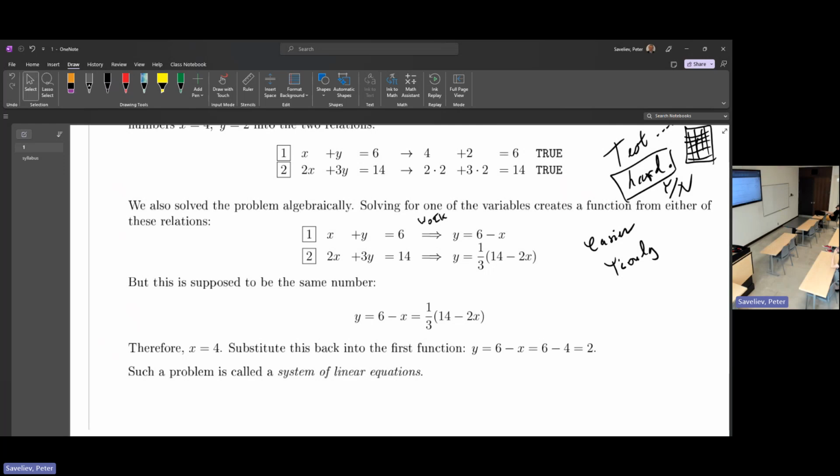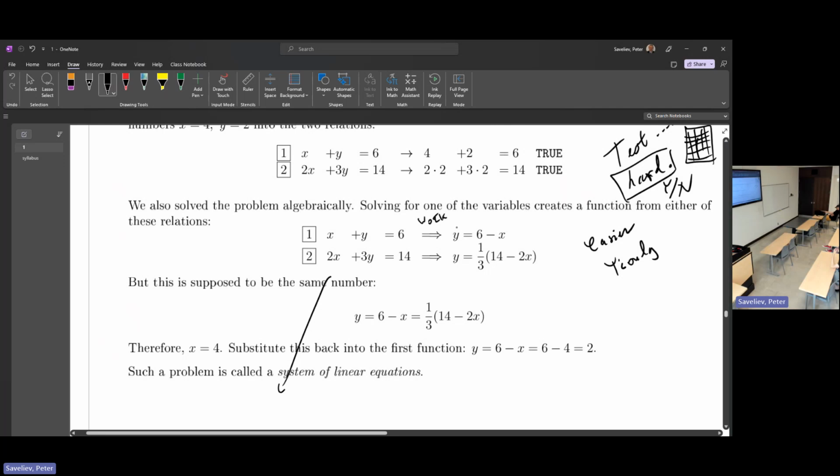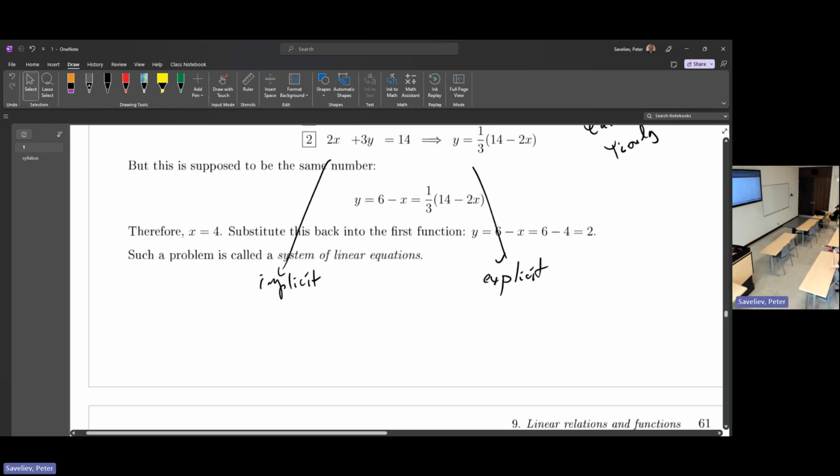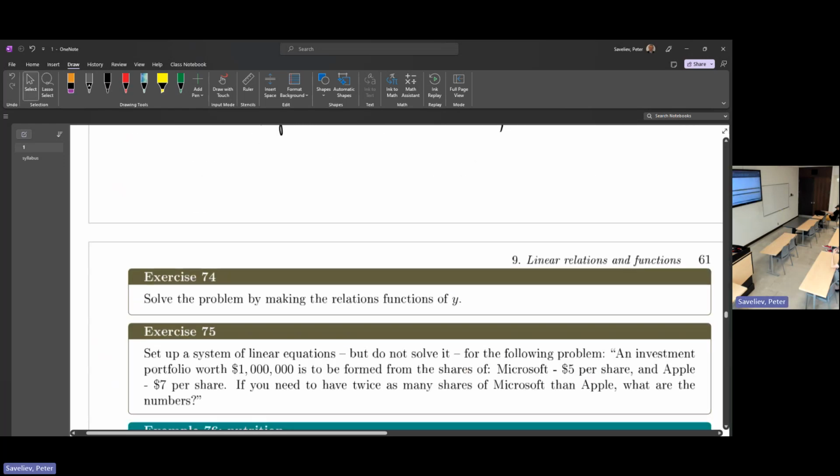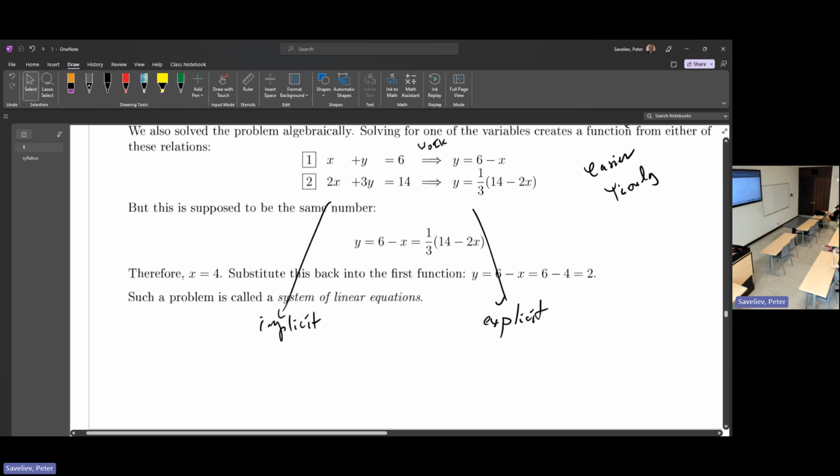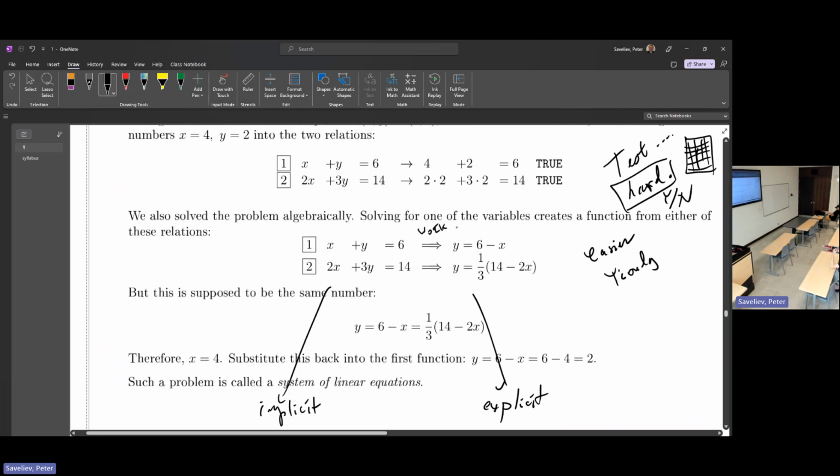So this is implicit, and this is explicit. I'll get to that in a minute. So yeses only. That's the point. That's why we actually want to do it.